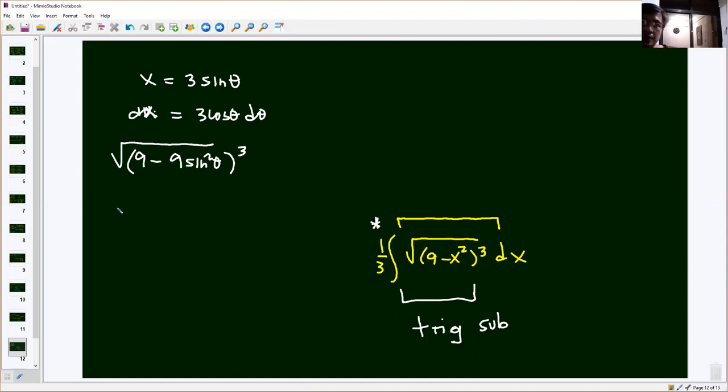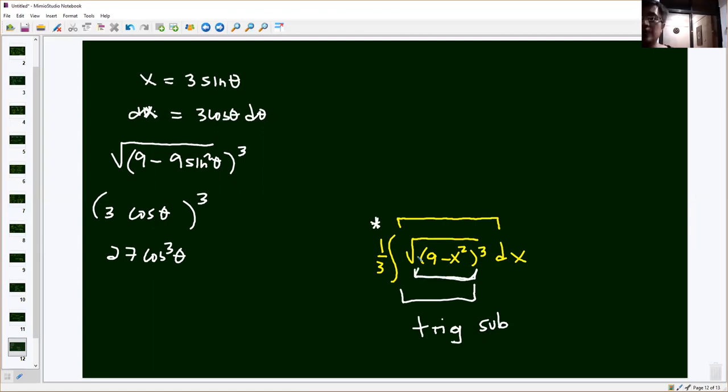So, become 3 cosine, right? Then, naka-raise yan sa 3. Follow? Okay, good. Now, this would be 27 cos cube theta.